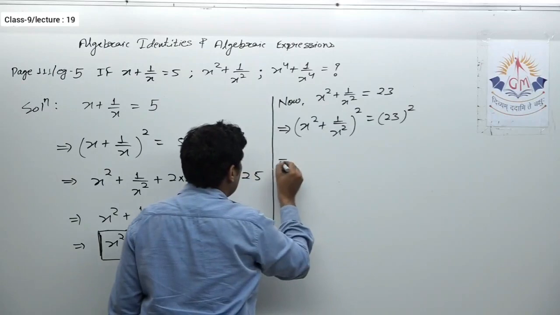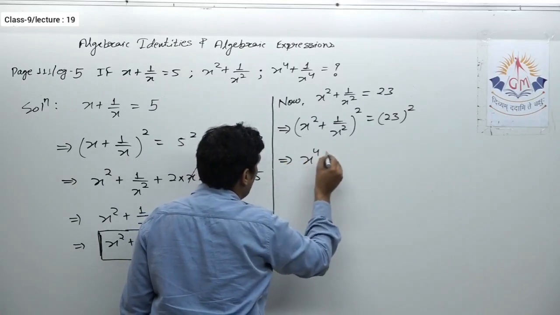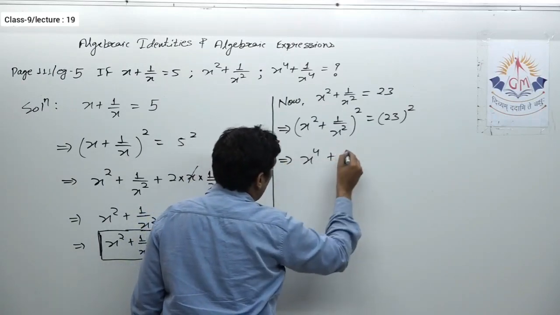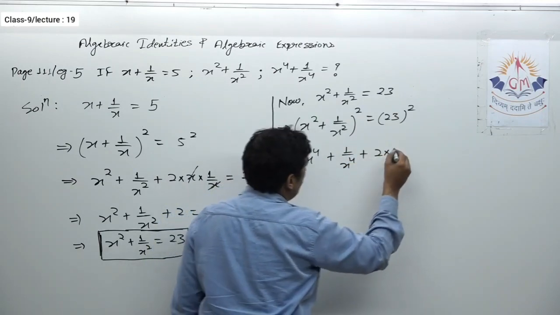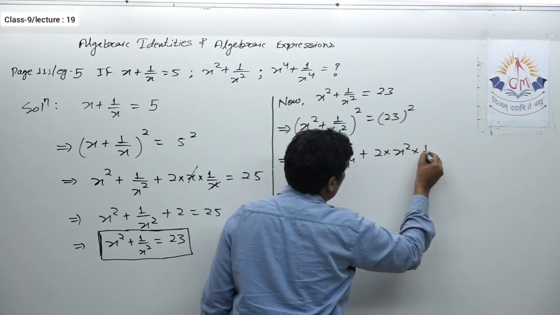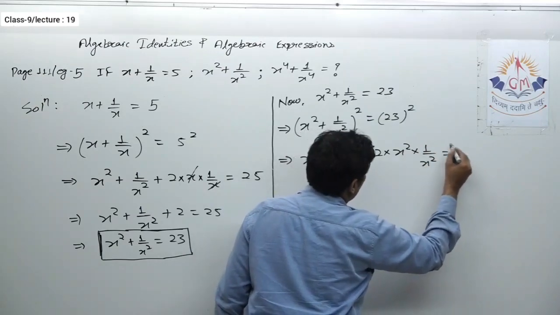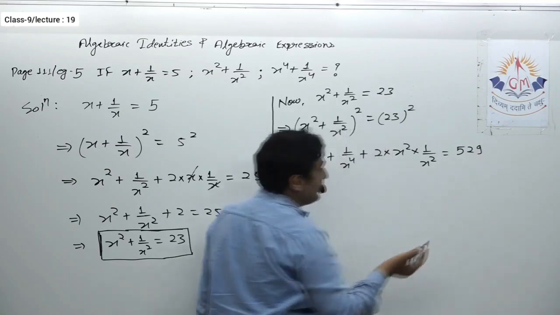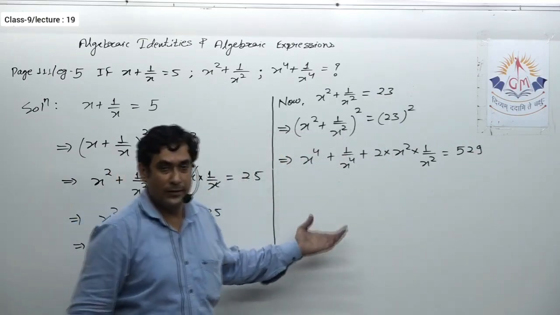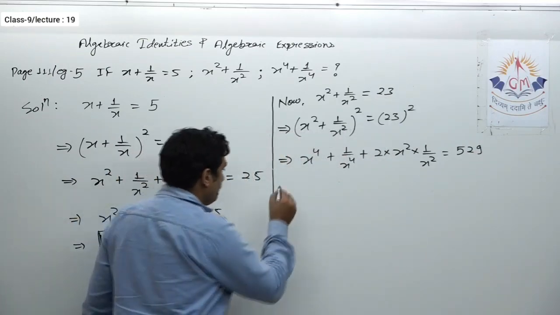So this gives you x raised to 4, a square plus b square plus 2ab is equal to 23 square, that is 529. Now over here you must remember the squares, otherwise it will waste your time.